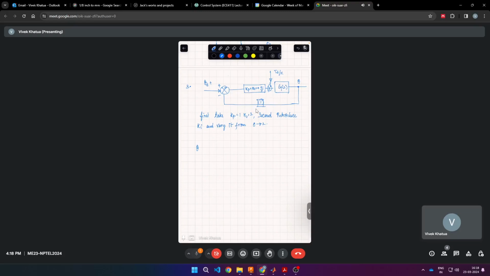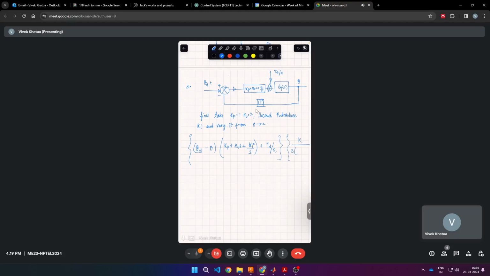Yeah, how do we proceed with this? Again, theta d minus theta. Again, from here, this is what is out times Kp plus Kv s plus Ki by s, right? Then this entire term is added with this. Then there is your G of s. G of s is what?